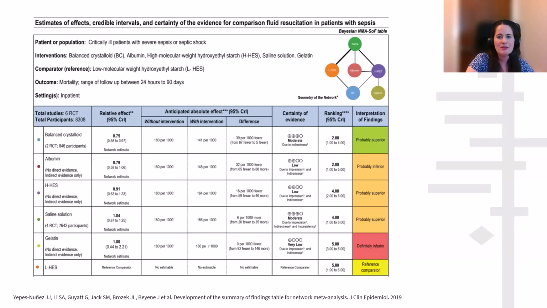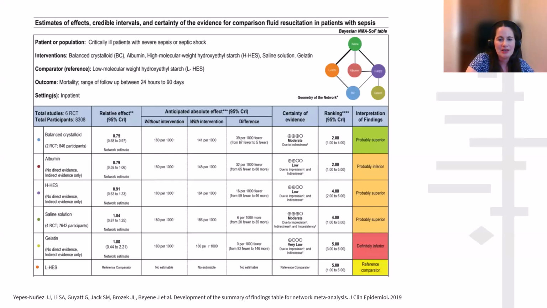In this example, the treatments are listed in the left-hand column and color-coded in line with the network diagram. Under each treatment, there is a description of whether there was only direct evidence. If there was direct evidence, then the number of RCTs and participants would be given.